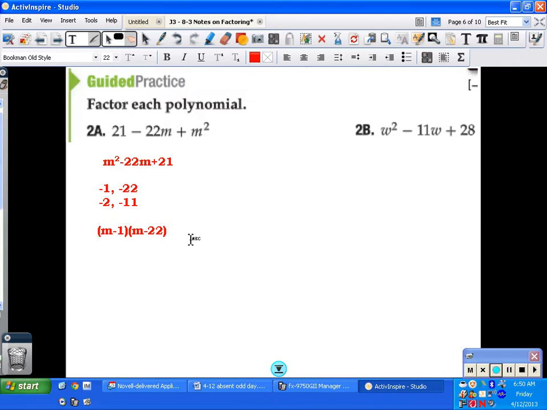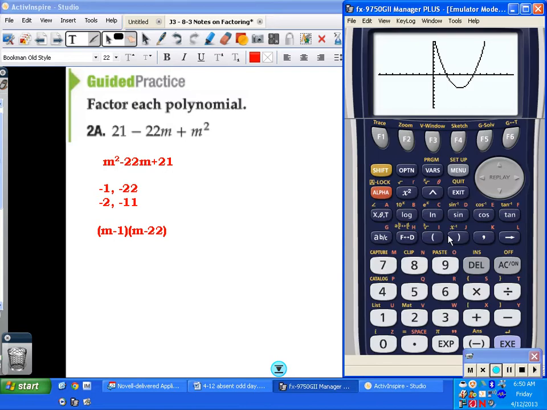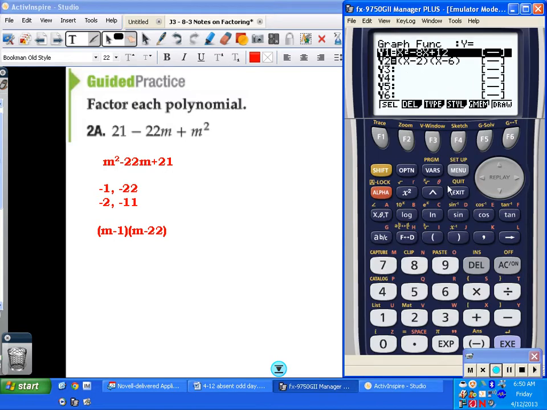So take a second and get out your graphing calculator, which hopefully you still have out, and we'll enter each one of those in and see, just to make sure that we get the same thing twice. So the first one was x squared minus 22x plus 21.